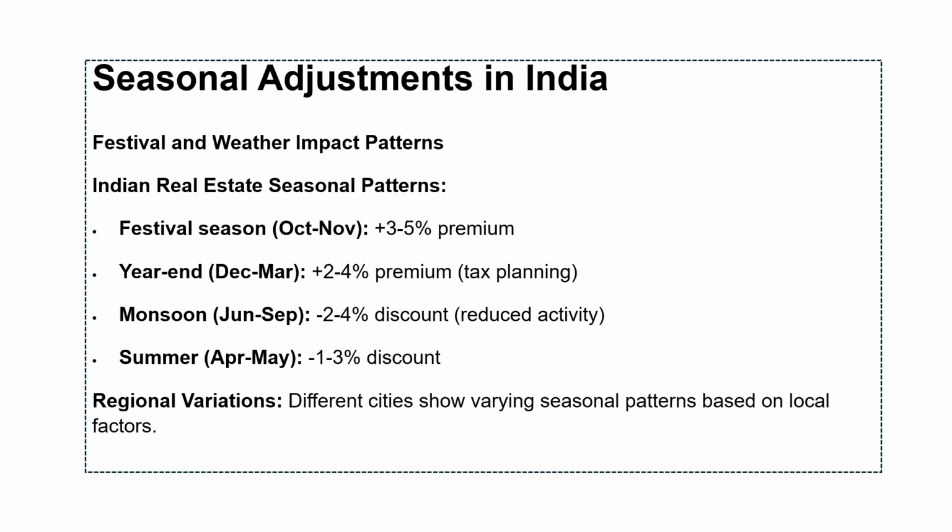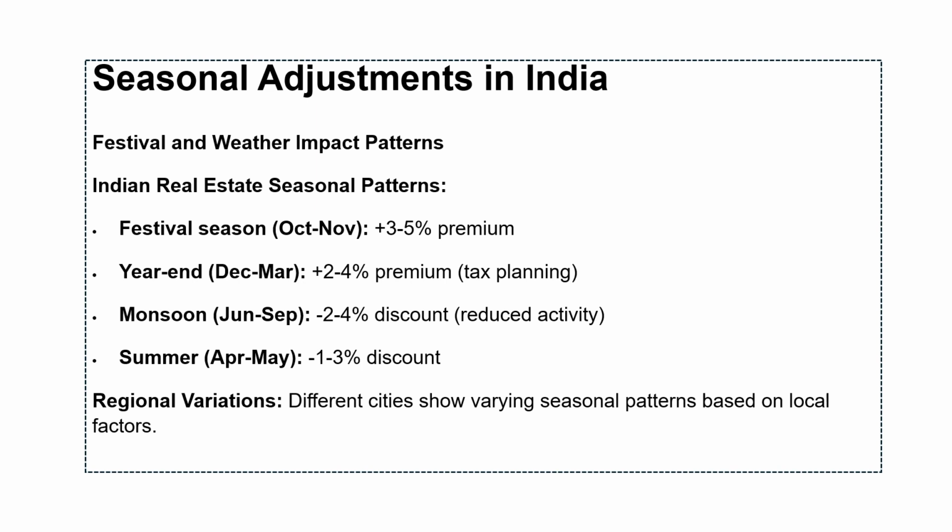So, festival season activity peaks typically occur during October and November, coinciding with Diwali and other major celebrations. Transaction activity increases 15 to 25% during these periods, driven by cultural preferences for auspicious timing and bonus payment utilization.